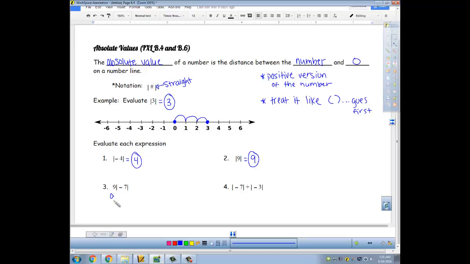So instead we're going to do 9 times the absolute value of negative 7, which is 7. 9 times 7 is 63. So all I did was make that negative 7 a positive 7, since absolute value is always the positive version, and then multiply them. For number 4, I have the absolute value of negative 7, which is 7, plus the absolute value of negative 3, which is 3, and 7 plus 3 is 10.